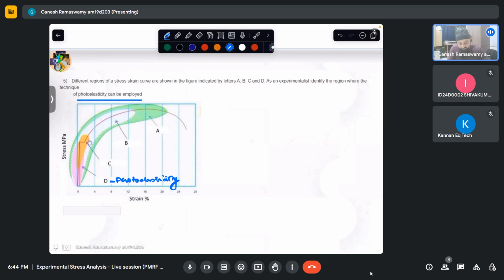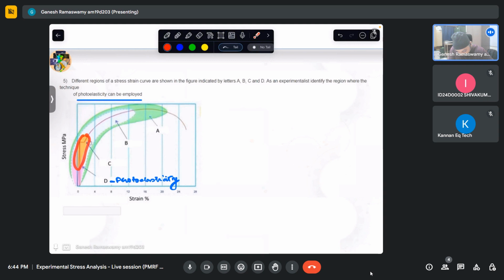If you look through in the lectures, it is described what each of these regions basically represent. So I'll just go briefly through that.